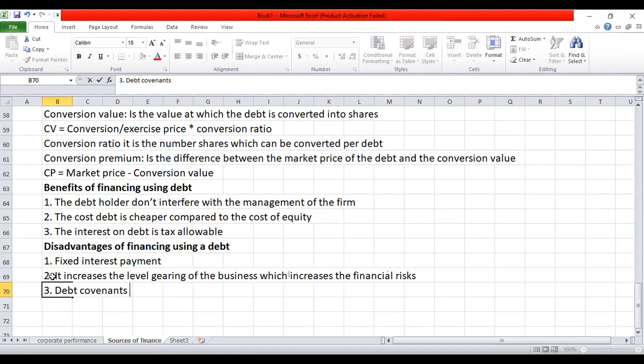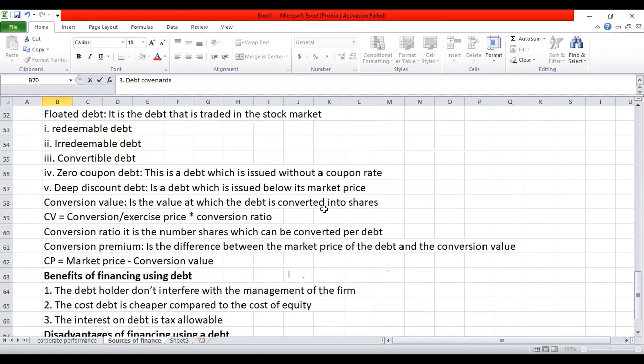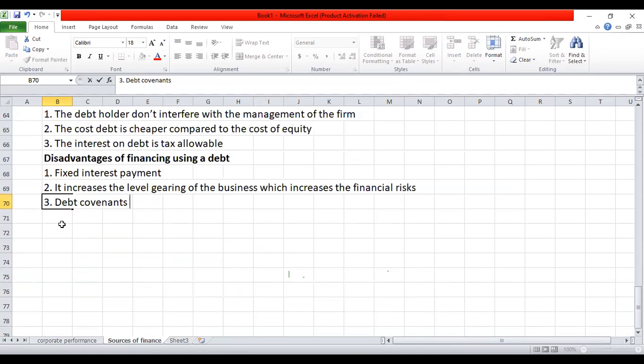These are also limitations to financing using debt. And also, if the cash flows are not stable, then it's not good to finance using debt, because it's going to affect the cash flows when the debt has to be paid. So those are some of the disadvantages of financing using debt.